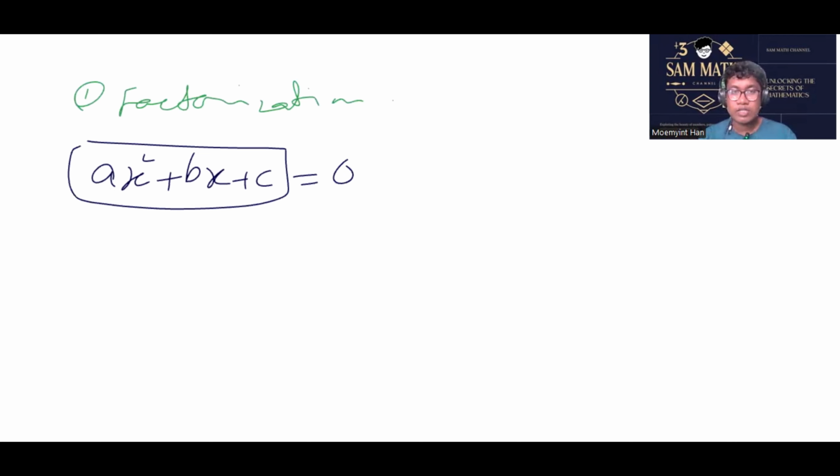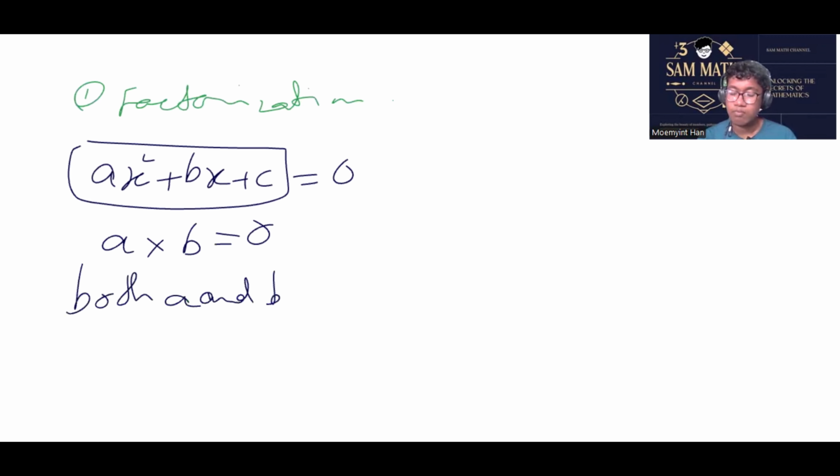So why do we make it 0? In mathematics, if we multiply two things, A and B, and the product of A and B is 0, then A or B is 0. What we're going to do in factorizing a quadratic equation is based on this fact.